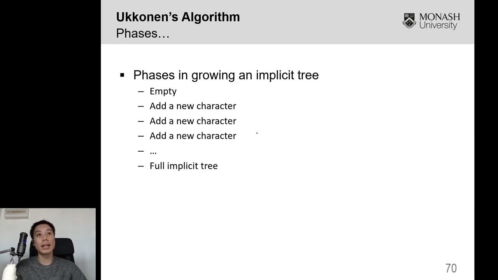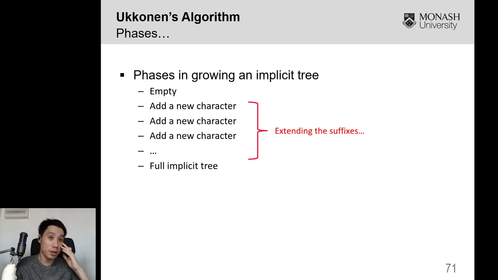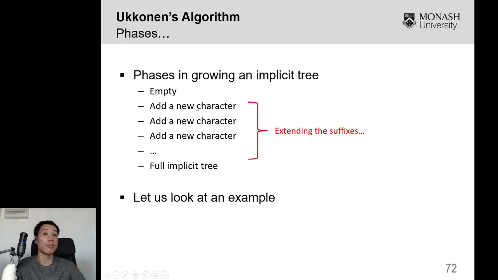So when you add a character, your tree may become bigger, or your tree may remain the same. So your phases are your outer loop. You're going to begin from phase 0, which is your empty phase, all the way up to n.